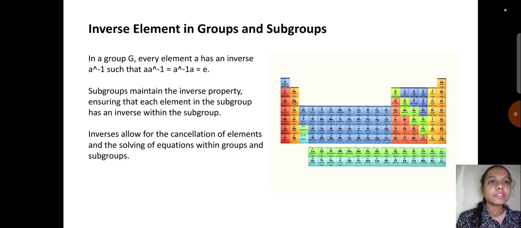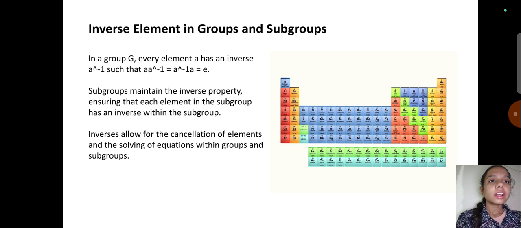And next, inverse element in groups and subgroups. In a group G, every element a has an inverse a^(-1) such that a * a^(-1) equals a^(-1) * a equals e.